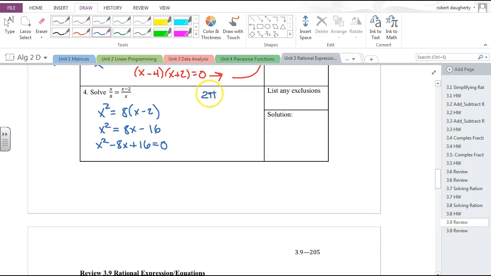Are there two numbers that multiply to give you 16 and add to give you negative 8? That looks like a negative 4 and a negative 4 will do that. So this is x minus 4 times x minus 4. The exclusions, x cannot be equal to 0. My proposed solution is x equal 4, and that works out fine.